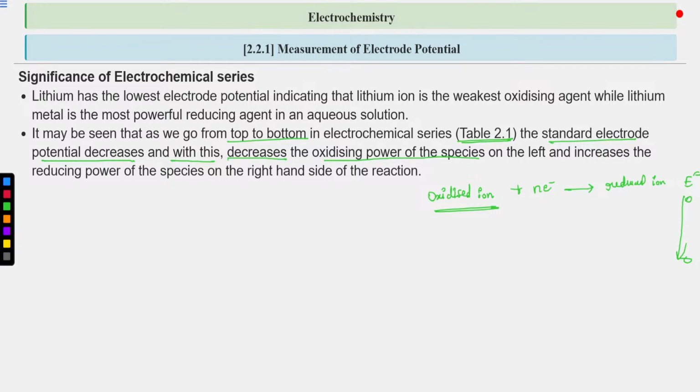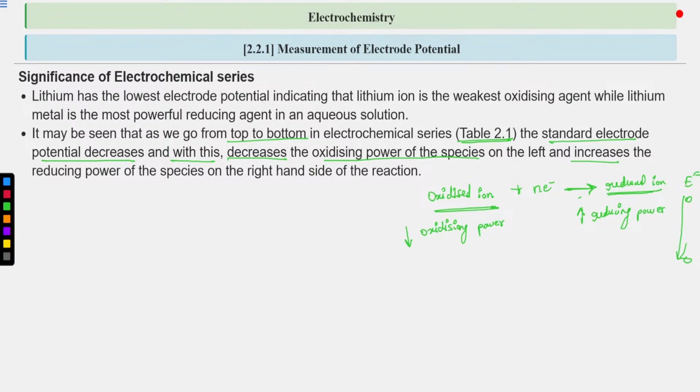Now, right of the reaction arrow, the reduced ion, its reducing power is increasing. This oxidized ion, its oxidizing power is decreasing as the E naught value is decreasing, and the reduced ion's reducing power is increasing as the E naught value is decreasing.